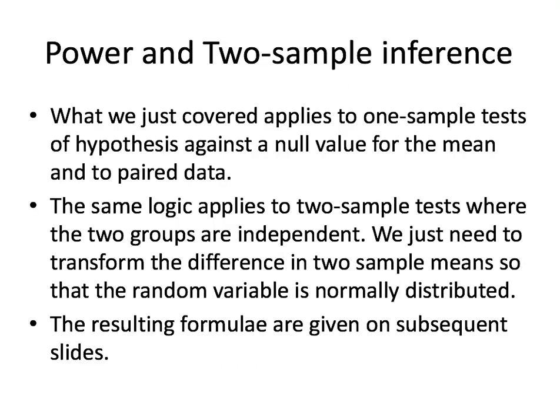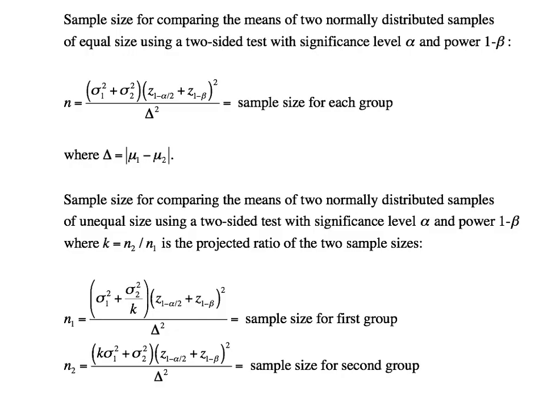So everything we talked about to this point was just for one-sample tests. Okay, and the same total logic, right, is going to apply to two-sample tests. So we're going to go through these without proof, but I'm just going to give you the results for doing two-sample tests.